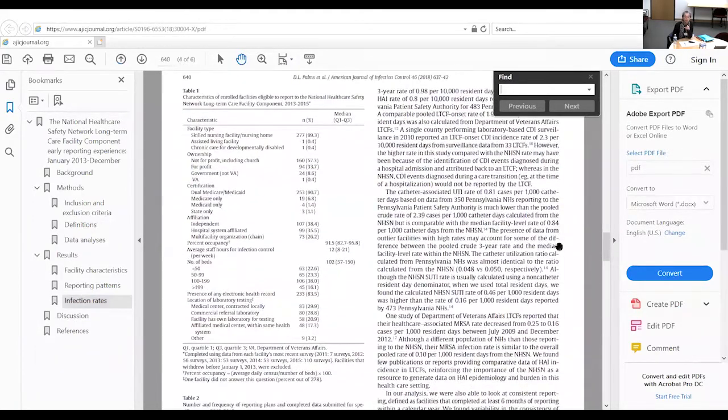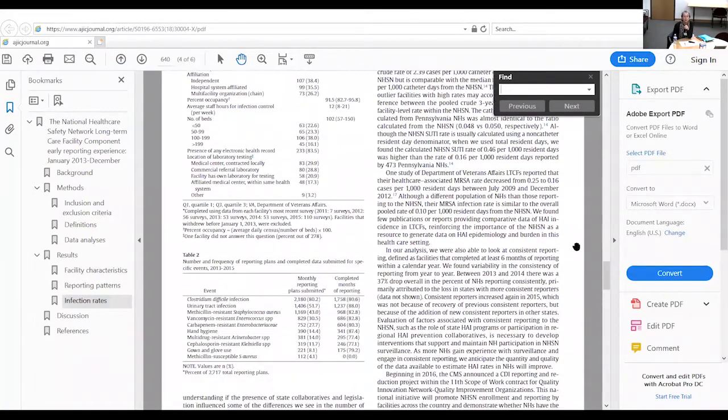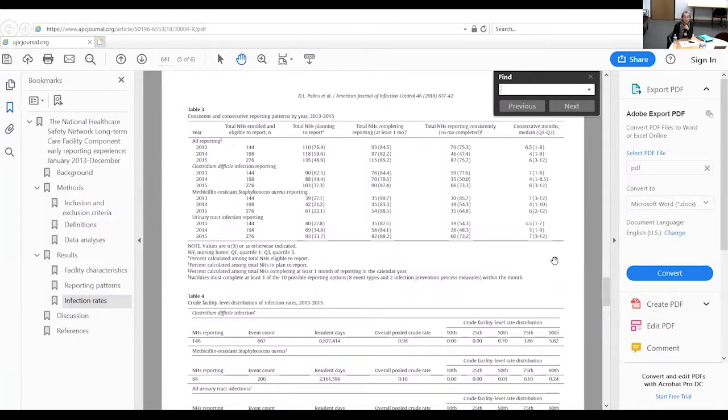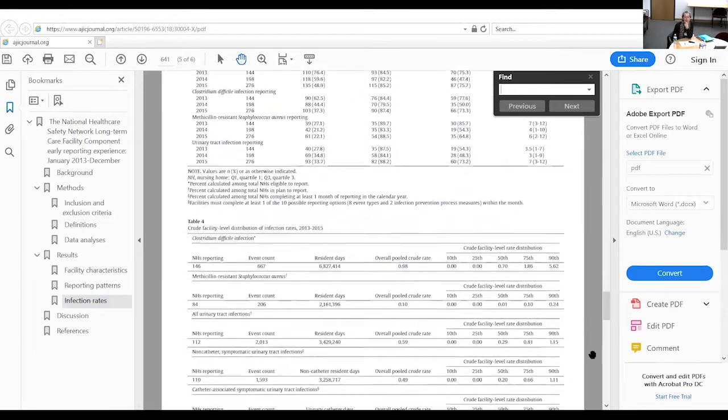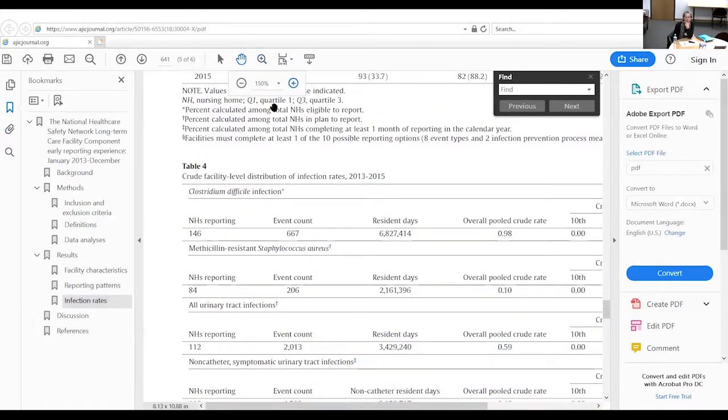Infection rates, that's the characteristics of the facilities. They actually collected, okay, so there's crude facility infection rate. So let's just look at that for a second and blow it up a little. Sometimes you can zoom to the top. You see next to the hand, to the right of the hand, that's a zoom, I think.